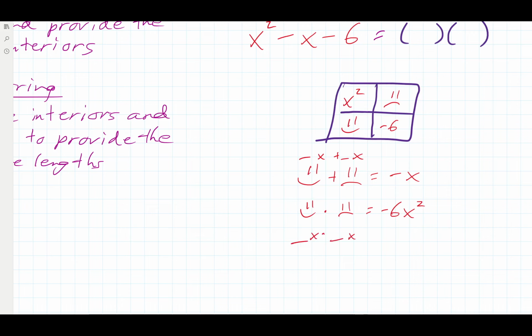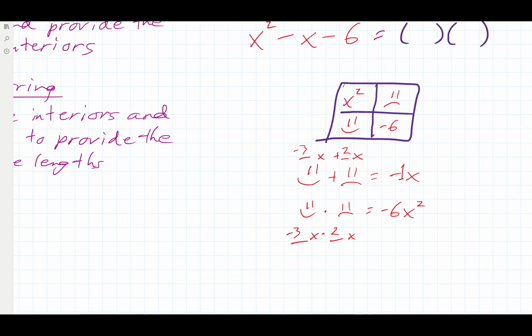So what adds up to negative 1, because this is negative 1x, and multiplies to negative 6? I'll give you a second to think about that. Okay, there's your second. I think the numbers we're looking for here are negative 3 and positive 2. Because negative 3 plus 2 is negative 1, and negative 3 times 2 is negative 6.